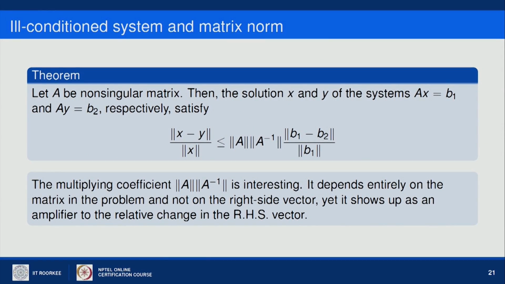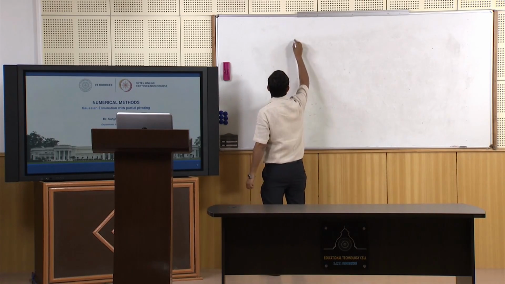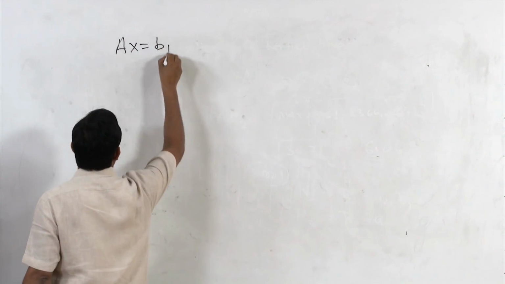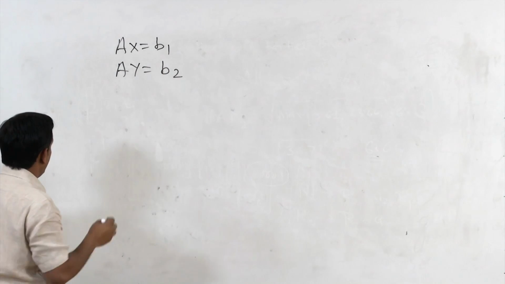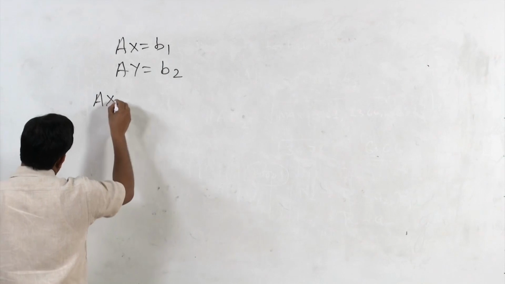Now, to relate these norms with the ill-conditioned system, we have an important result in this theorem. Let A be a non-singular matrix, then the solutions x and y of the systems Ax equals B1 and Ay equals B2 respectively satisfy this particular inequality. I have two systems, Ax equals B1 and Ay equals B2.